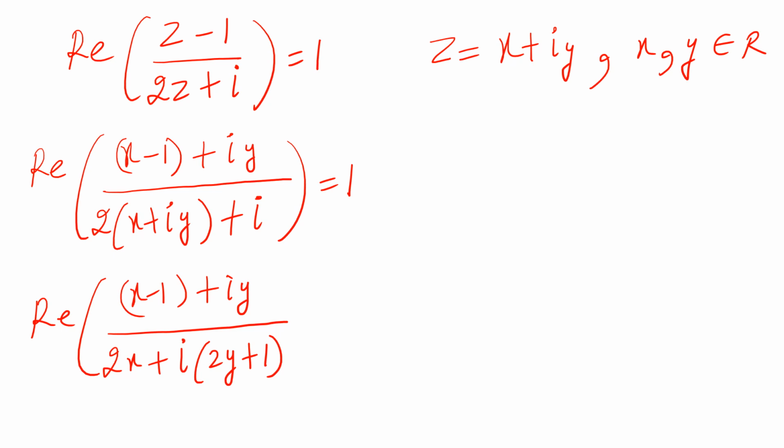Now students, to get the real part of this complex number, I am simplifying this complex number by multiplying it up and down by the conjugate of its denominator. That is, I am multiplying up and down by 2x minus iota times (2y plus 1).